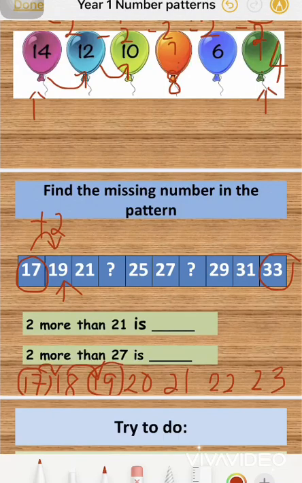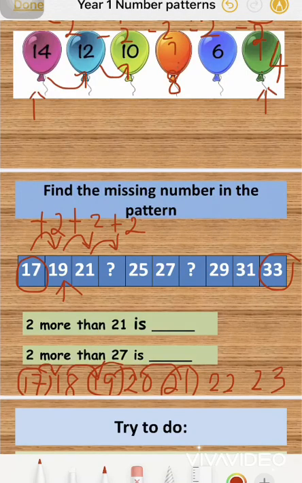So from 19 to 21, one time, 2 times. To get 21, you have to plus 2. So that means the pattern is plus 2 and plus 2. Alright?